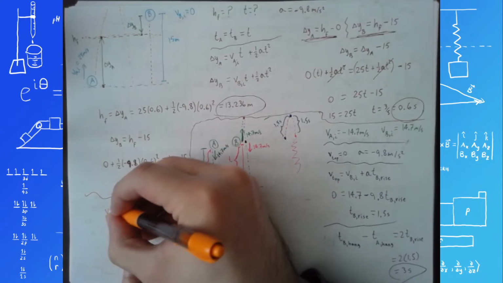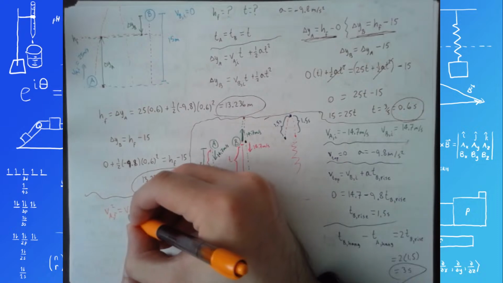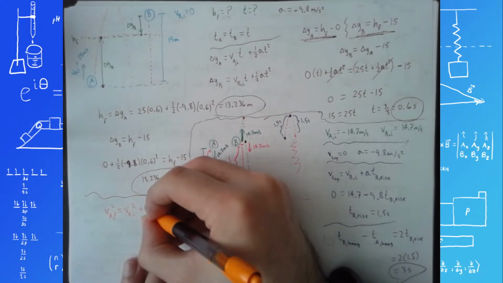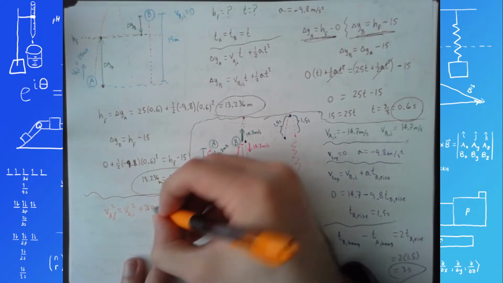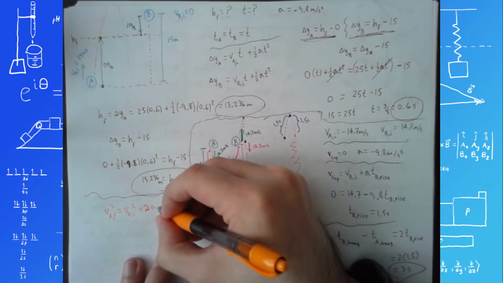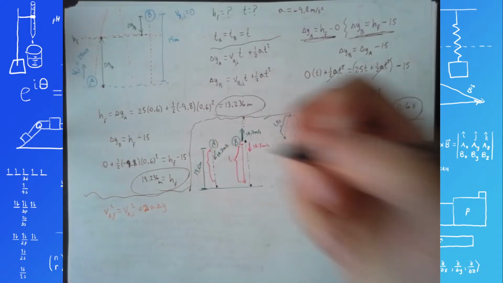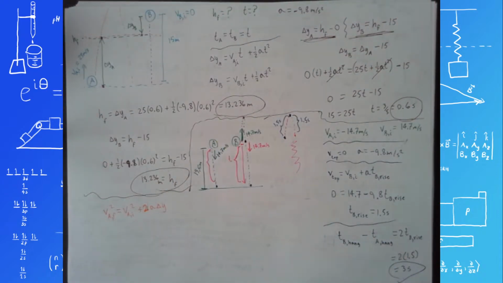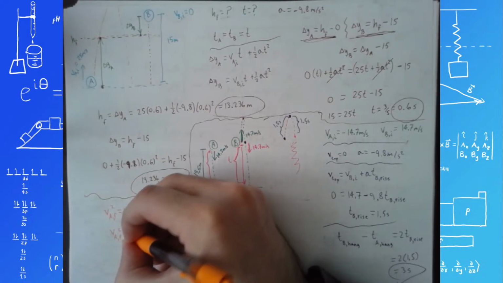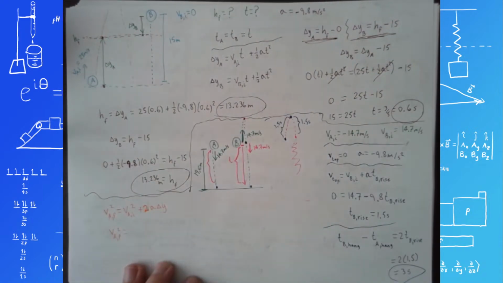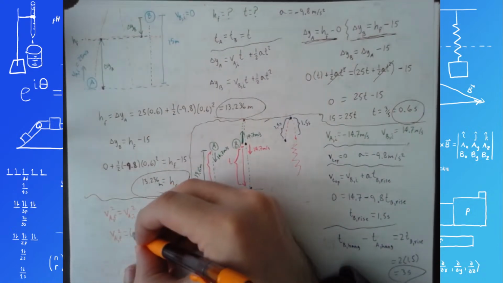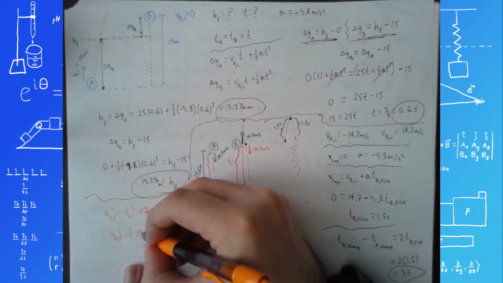So VA final squared equals VA initial squared plus 2 times our acceleration times delta y. We don't know this yet. VA initial squared. It was negative 14.7, but if we're going to square it, I guess the negative doesn't really matter.